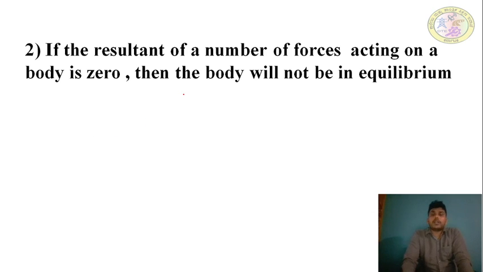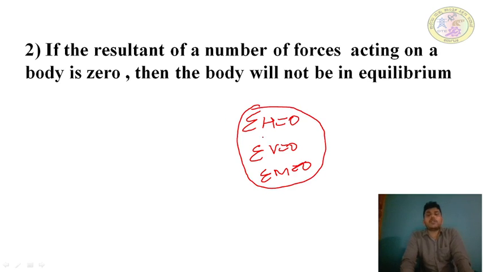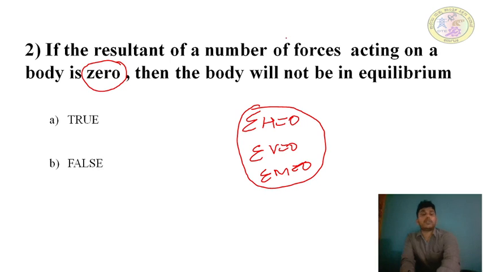For equilibrium, sigma H equals 0, sigma V equals 0, and sigma M equals 0. If all of these are equal to 0, only then is the body said to be in equilibrium. So if the resultant of the forces acting on the body is 0, the body will be in equilibrium. Options: true or false? It's false.